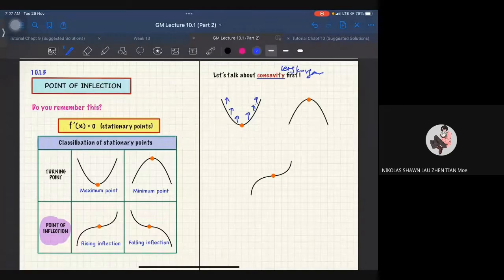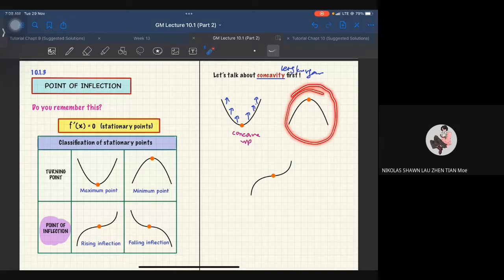Kita boleh cakap lengkungan dia terbuka ke arah atas. Open up. Concave up. Okay, so I write over here, this one is concave up. Kalau ikutkan terbalik daripada concave up adalah concave down lah, right? So this one, bila kita ada set graph, dia sebenarnya adalah concave down.